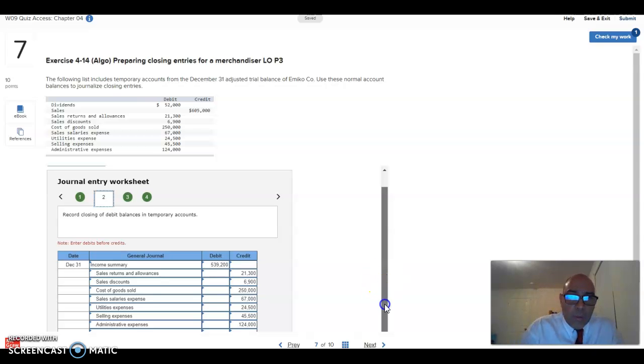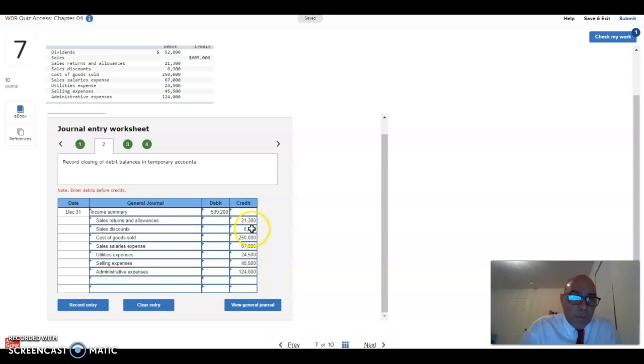So basically we're going to put on the credits the cost of goods sold, salaries, and all the expenses that originally have debit balances, but since this is a closing entry, we put them in the credits, versus the income summary. We add all of them, and the total is going to be equal to the income summary balance.